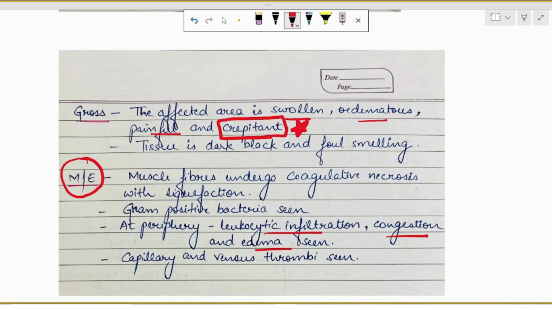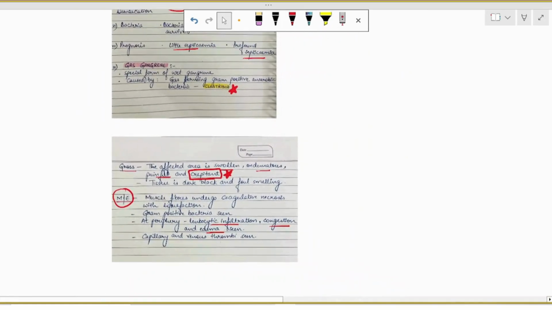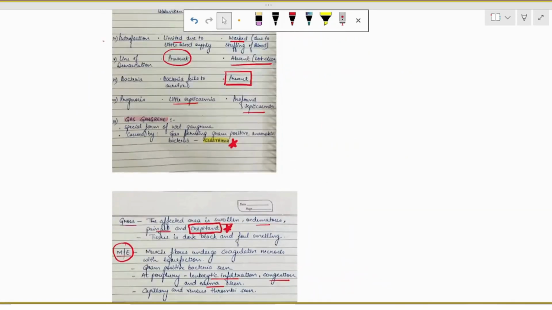These three things we will be able to appreciate on the microscope: coagulative necrosis, gram positive bacteria, and at the periphery the leukocytic infiltration, congestion and edema, and capillary and venous thrombi. So this is gas gangrene.